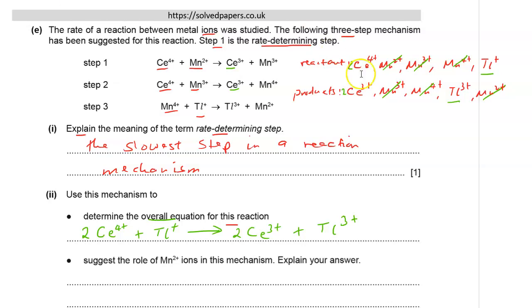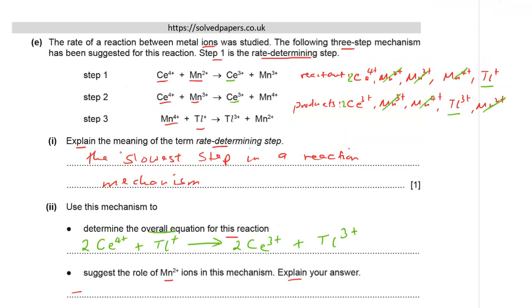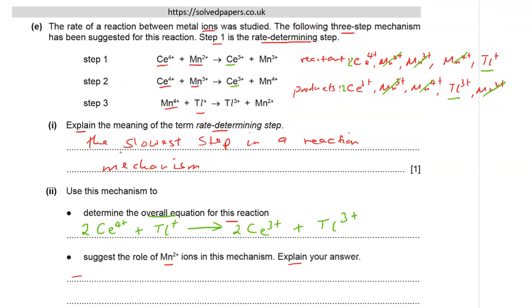Suggest the role of manganese 2 ions in this mechanism. Explain your answer. Manganese 2 behaves as a catalyst. You can see manganese 2 is the one which started the reaction here.